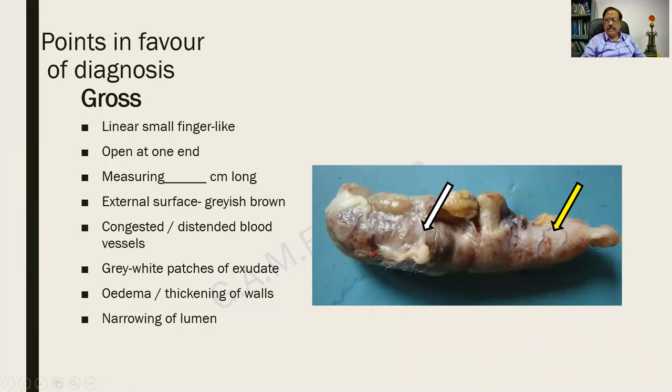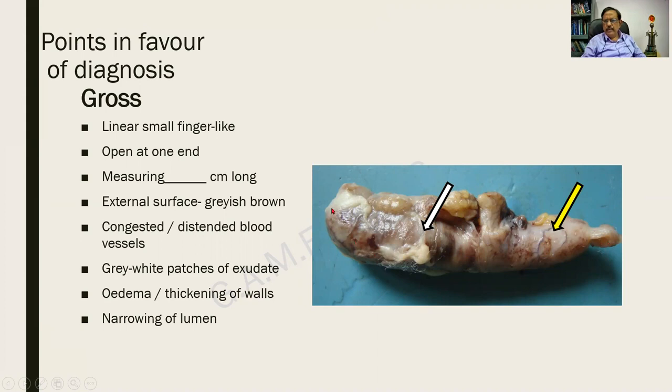This is a structure, a mounted specimen can be kept for you for description or for diagnosis. And look at this one. I am finding a finger-like structure that is a little ballooned out because of the edema. So there is an edema or swelling of the appendix. And it is open at one end. They have closed it after surgery.